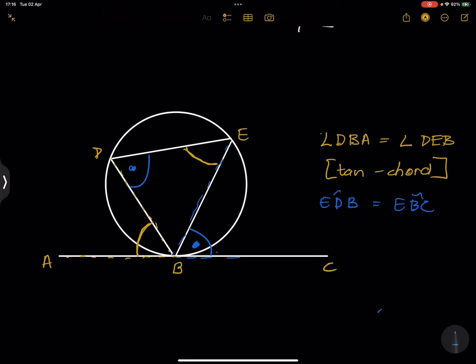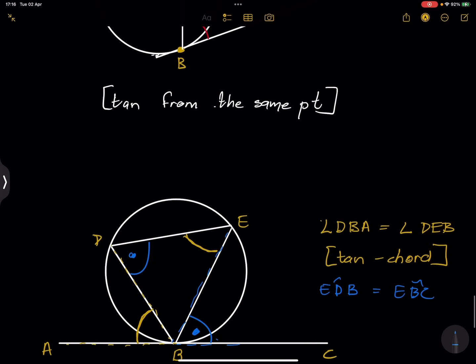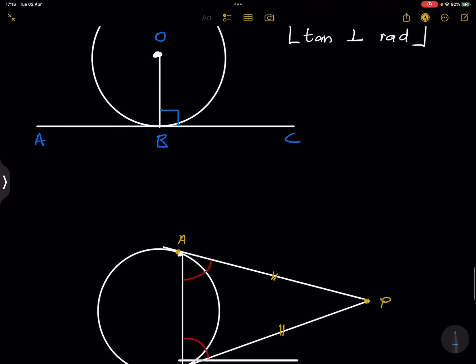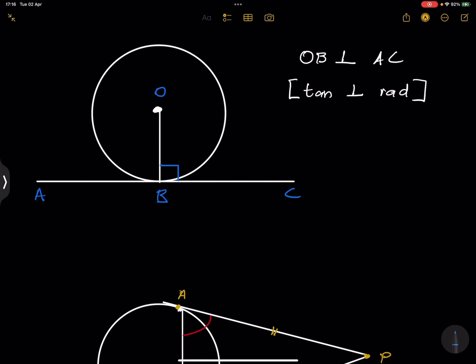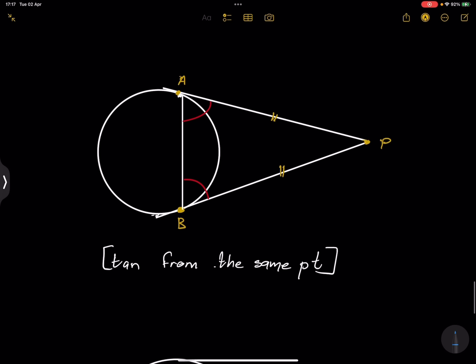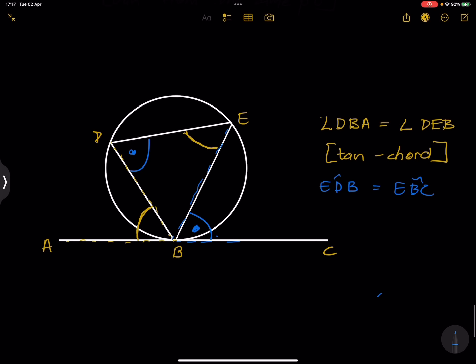And that we call the tan chord theorem. And please note, ladies and gents, once again, if they want us to prove that something is a tangent, we're going to use the converse of any of these three theorems to prove it. So that is how the cookie crumbles, ladies and gents.